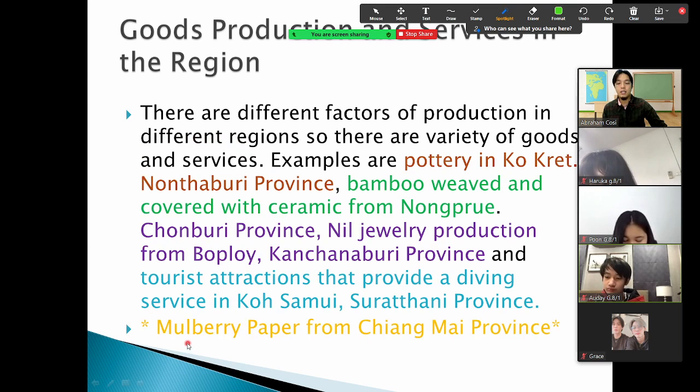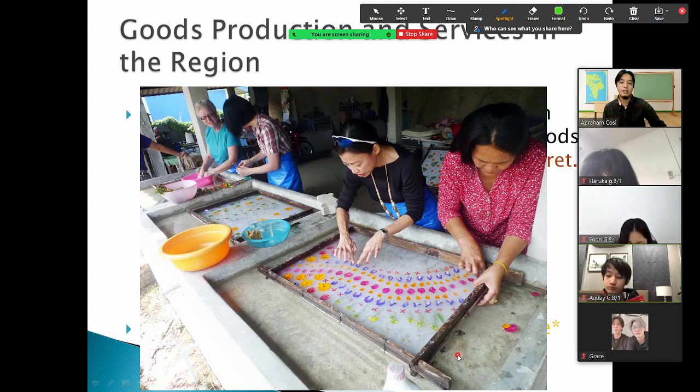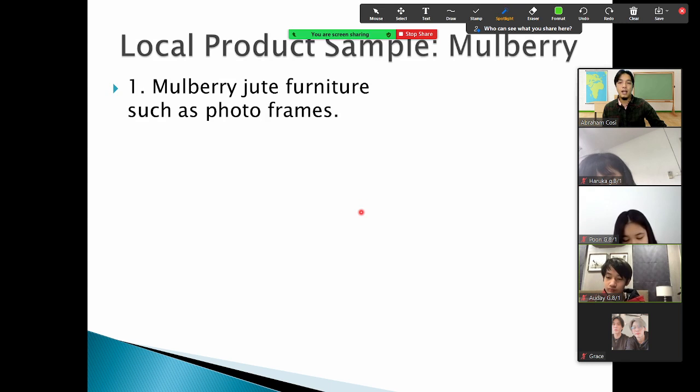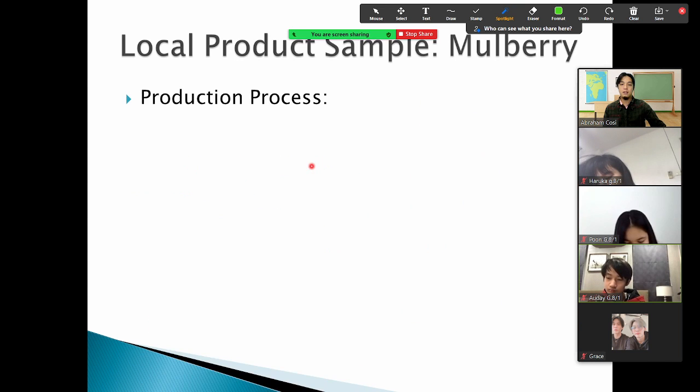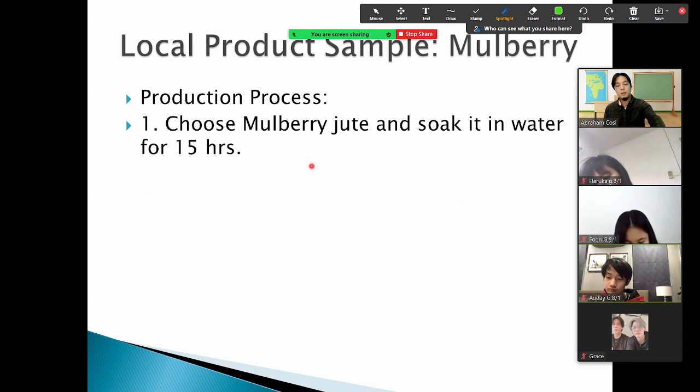But we will be discussing more on the mulberry paper production in Chiang Mai province. Remember, we also discussed the steps on how we apply effective goods production. So we have the local product sample as an example. Now for the production process.